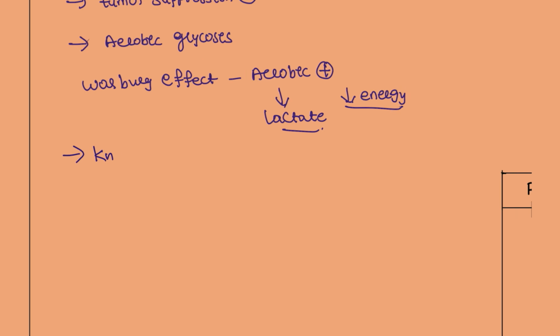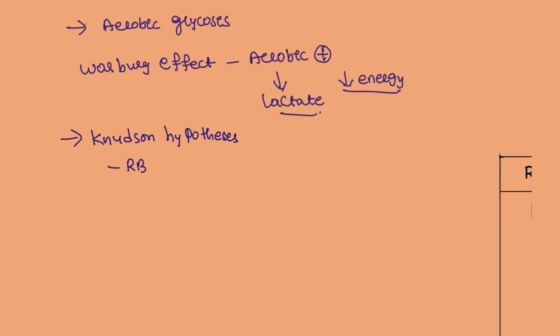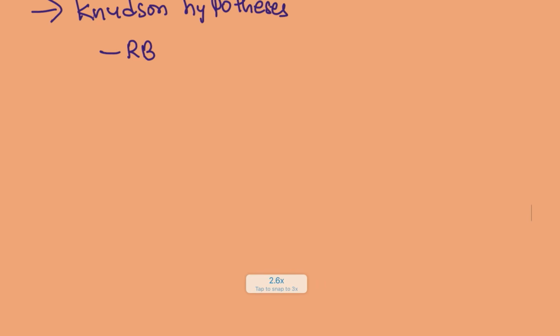Next, the Knudson hypothesis. The Knudson hypothesis is about the RB gene. So what happens in the RB gene? It is usually present at the G1 phase, right? In the G1 phase, it has to be active. If it is active, it is going to stop the cancer cells.